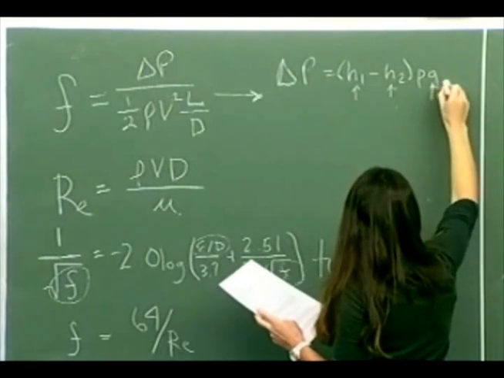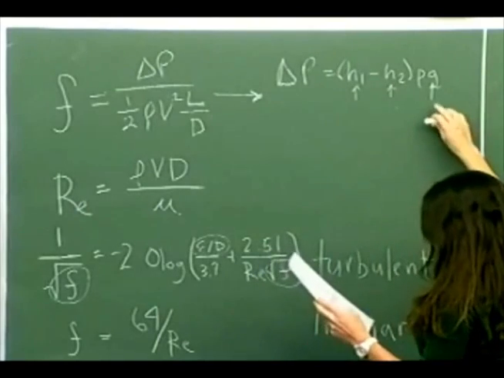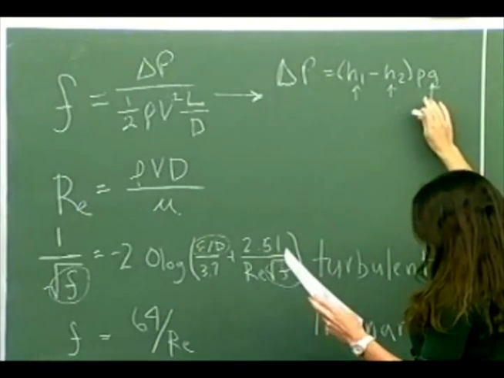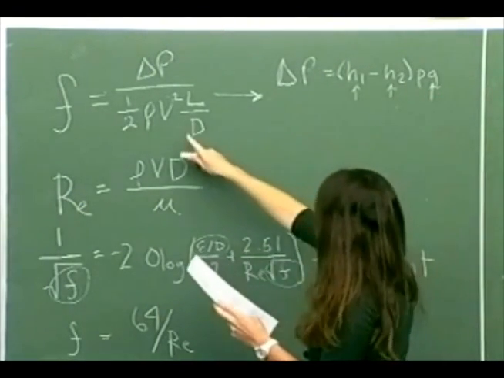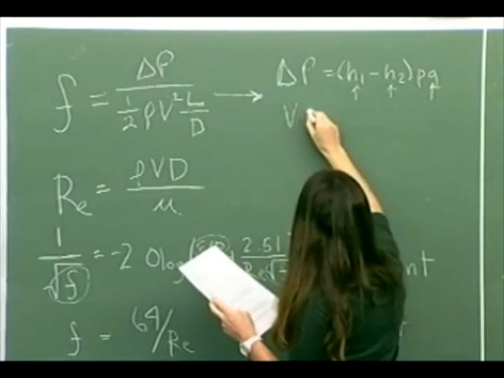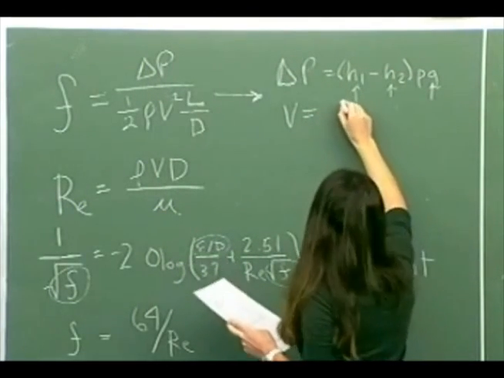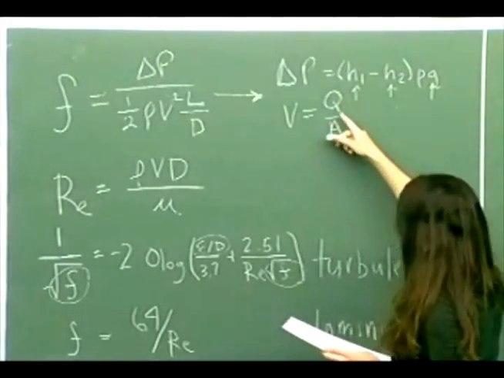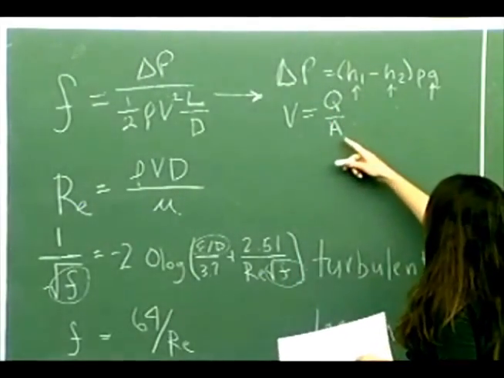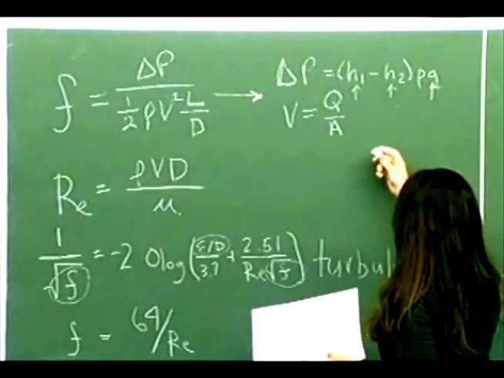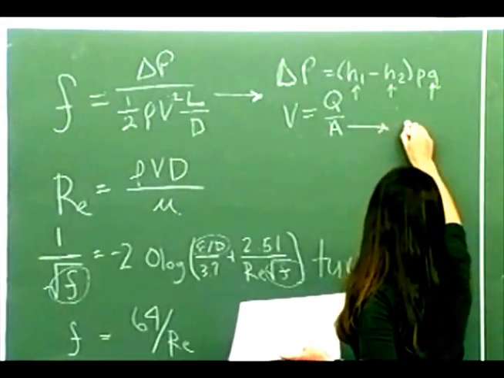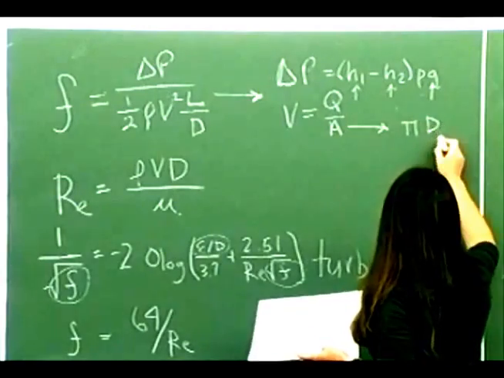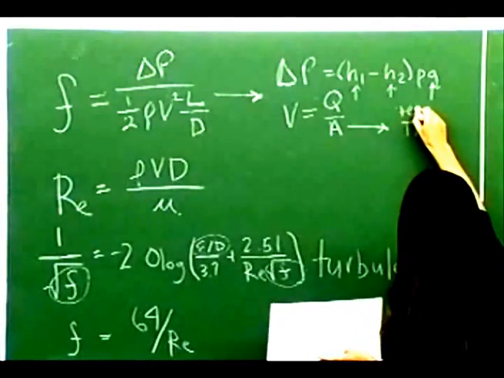Gravity has some uncertainty associated with it, and I believe the rhos end up canceling out. So then you're looking at the velocity of the flow, which is equal to the flow rate over the area. The flow rate was measured directly in the lab. The area was actually measured also, but it's in terms of pi and the diameter. These are just the terms, not the expression.